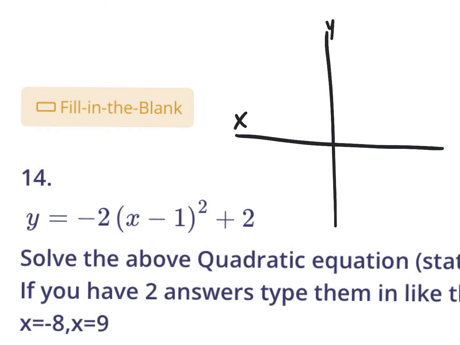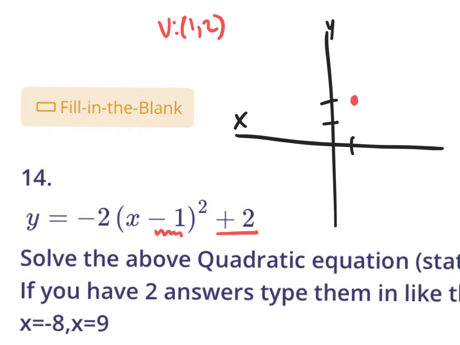How do I start sketching this parabola? Anybody? What is the vertex? Positive 1, 2. Right? So the vertex is 1, 2. So that's 1 on the x, 2 on the y. There's my vertex. Does this thing open up? Does it open down?